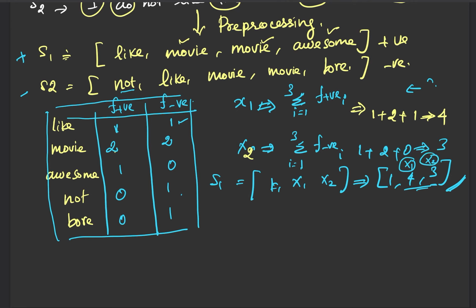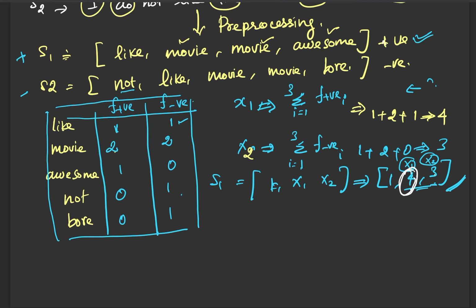I know that the first sentence has positive sentiment. When I look at the feature values, I see 4 is the highest. The x1 is larger than x2, which shows that the weighted evidence for positive sentiment is high.